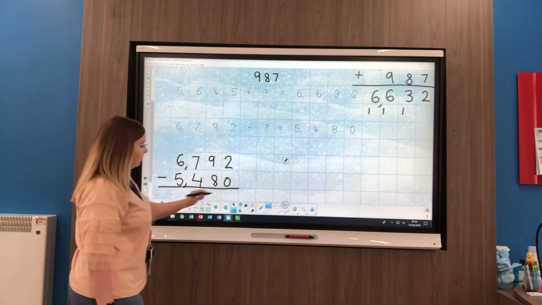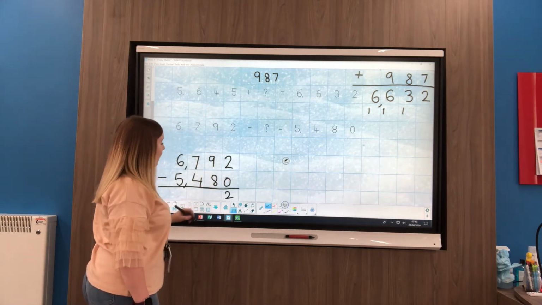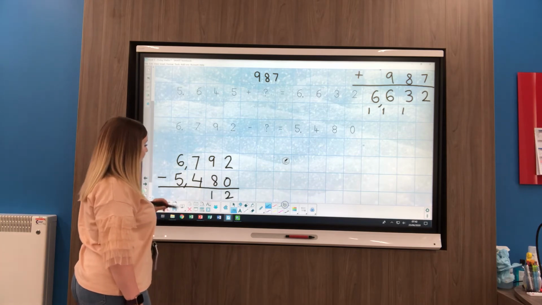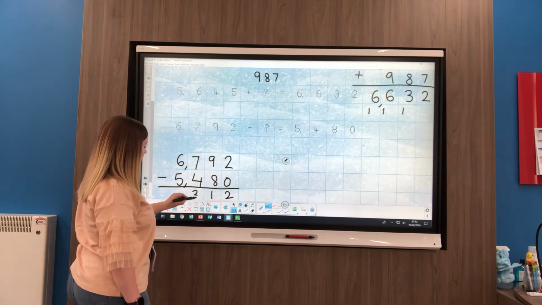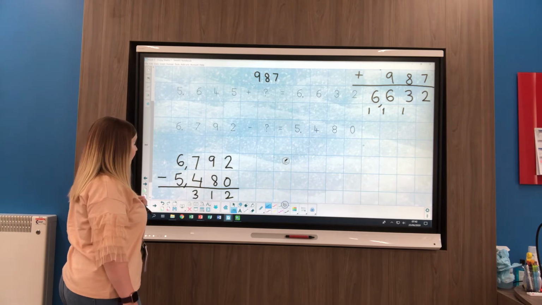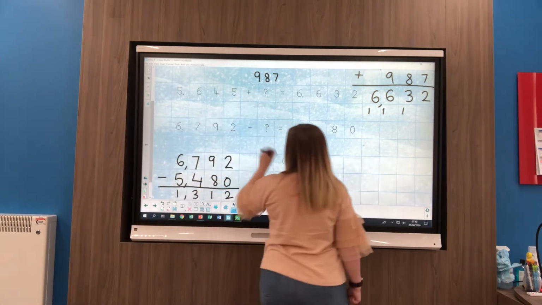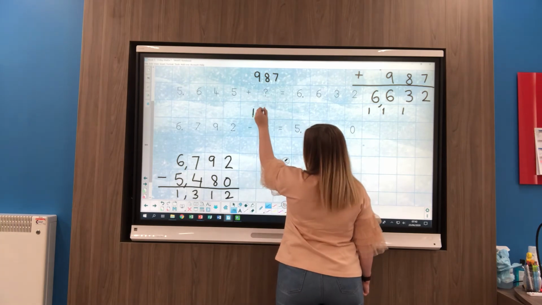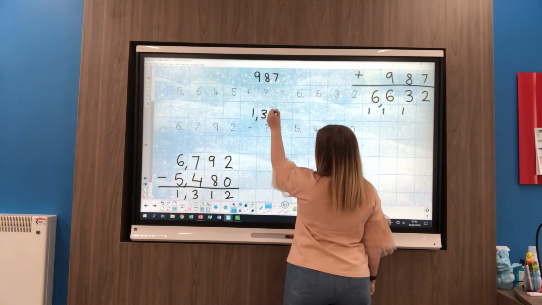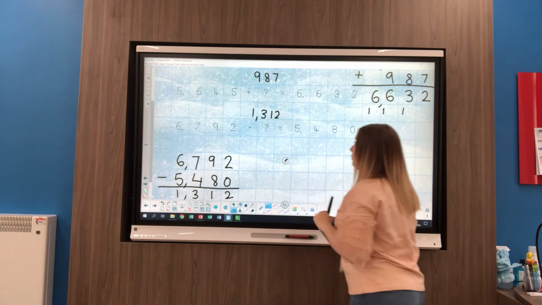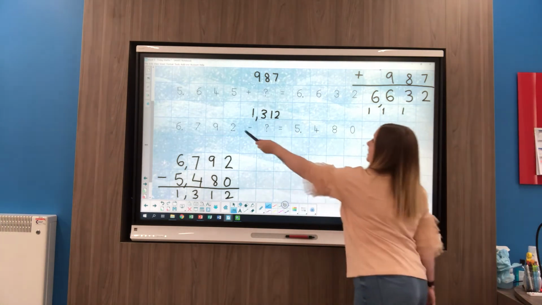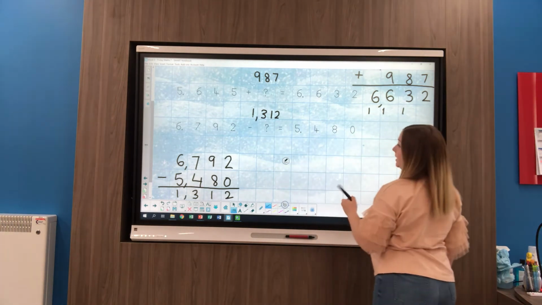So 2 take away 0 is 2, 9 take away 8 is 1, 7 take away 4 is 3, and 6 take away 5 is 1. So I think my missing number is 1,312.